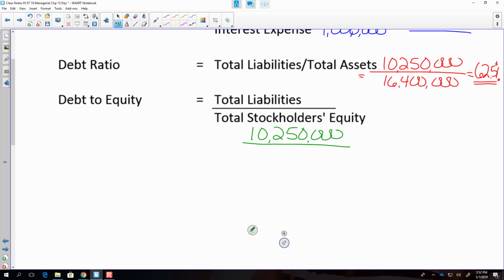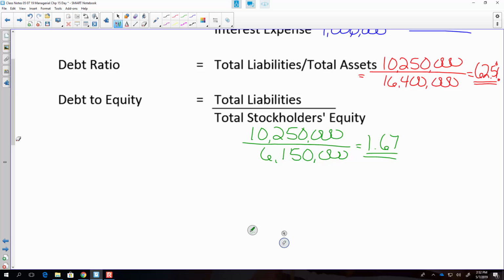And I'm going to divide by 6,150,000. Carla, what do we have for a ratio there? 1.6 repeating. Let's just go 1.6.